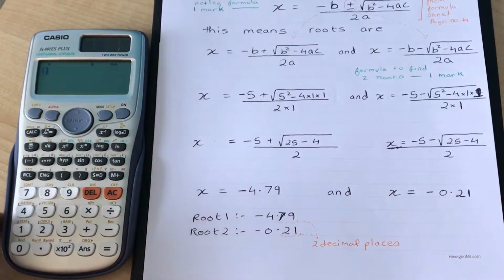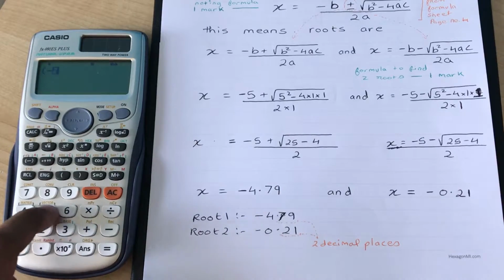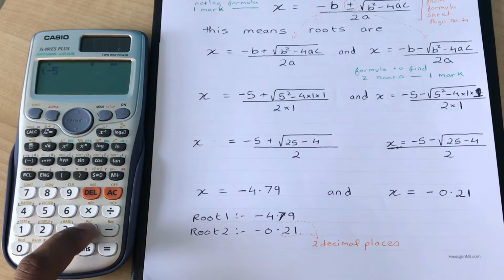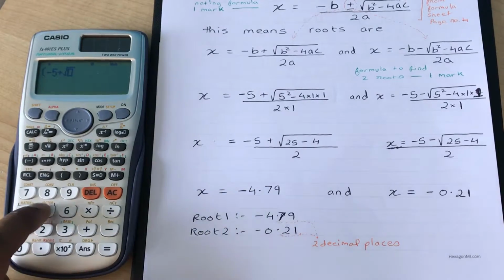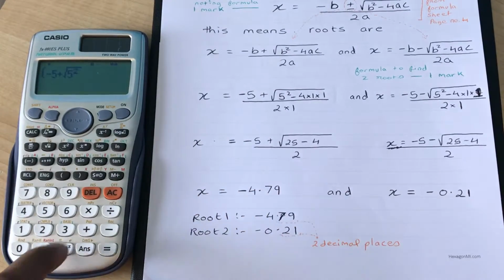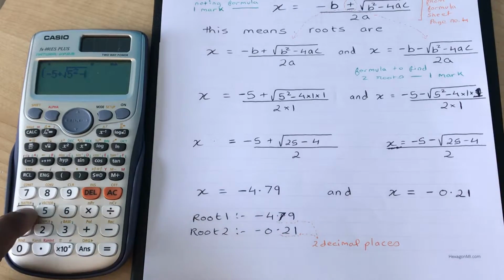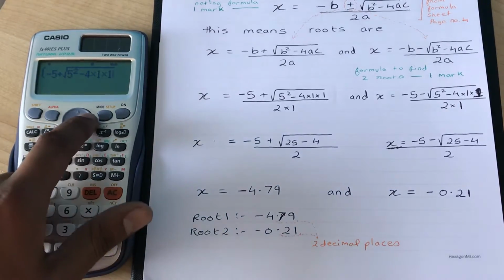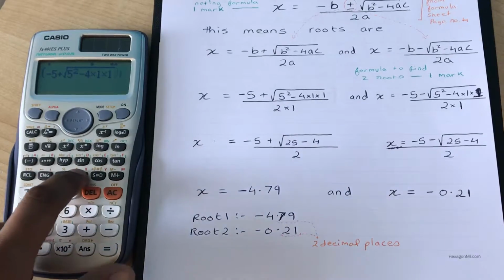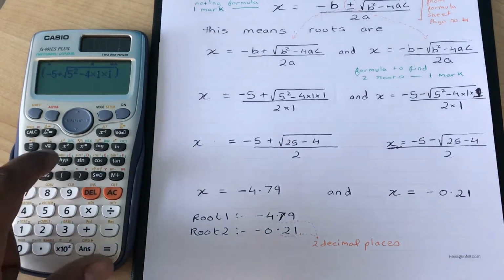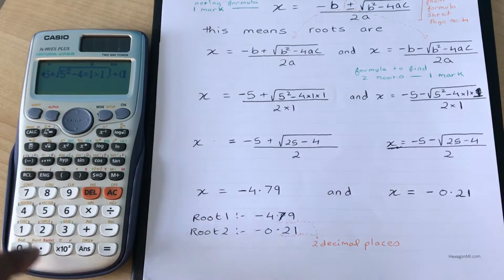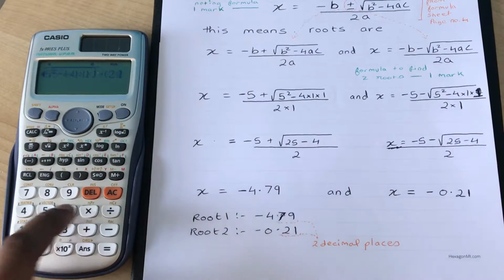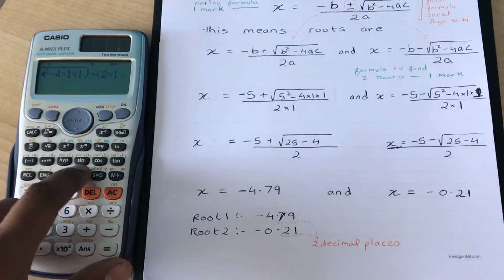So open bracket, minus 5 plus under root of 5 squared minus 4 times 1 times 1, close the bracket, divided by, open another bracket, 2 times 1 and then close bracket.